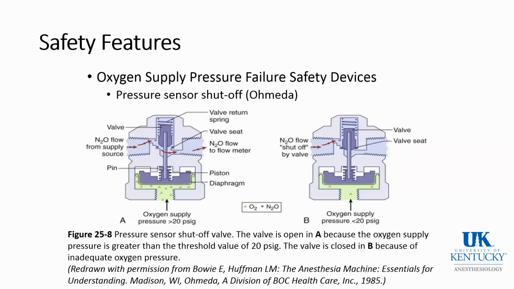This slide is from the Ohmeda or GE, and shows that the approach here is to use a pressure sensor set-off, which closes the oxygen supply when the pressure falls below 20 pounds per square inch. So this shuts off the nitrous flow completely, so it's all or none.